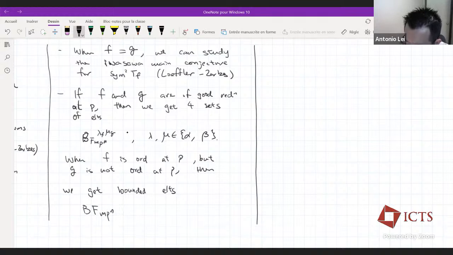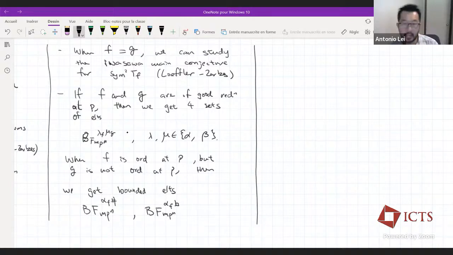So I said F is ordinary, so I would say like this. I would write this sharp and flat using the notation of Sprung.